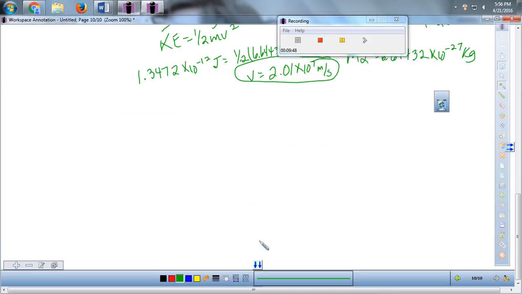Let's go to part C. Part C says, where does the kinetic energy of the alpha particle come from? Well, conservation of energy.